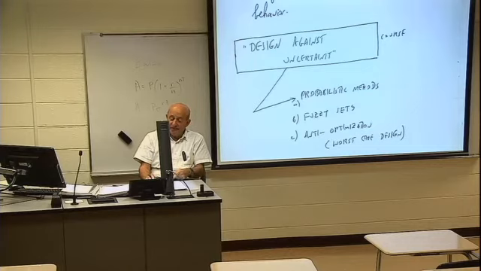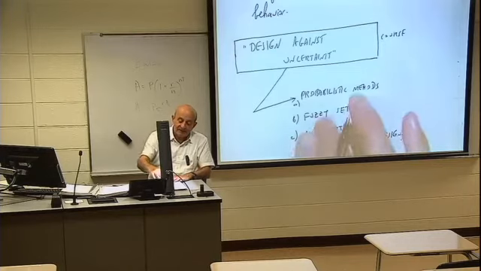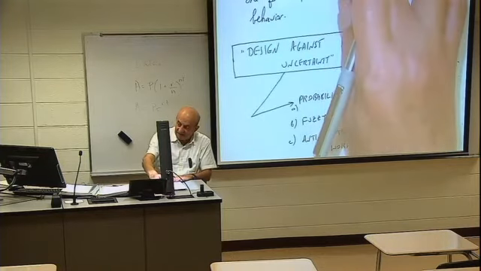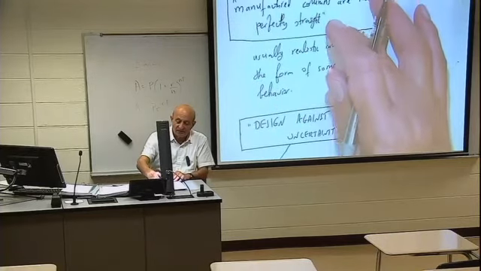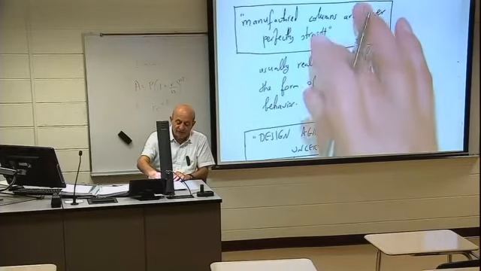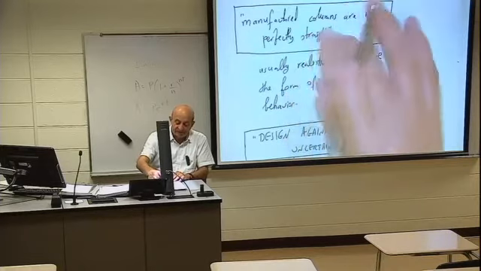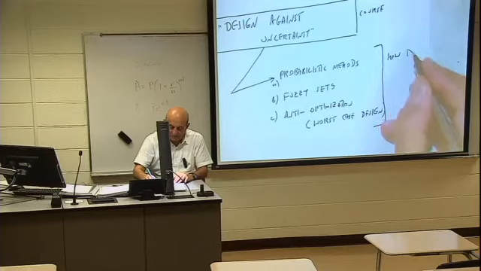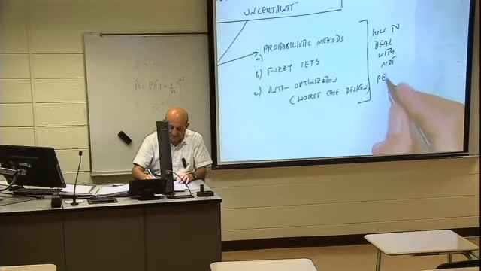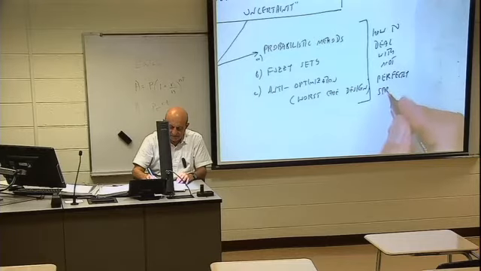I'm informing you that there is a whole science behind this statement that manufactured columns are never perfectly straight. The question is how to deal with not perfectly straight systems.